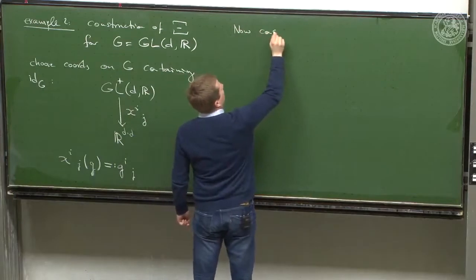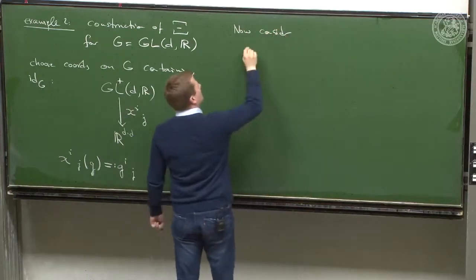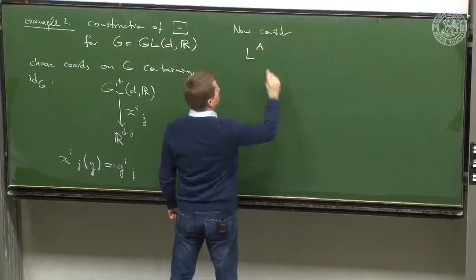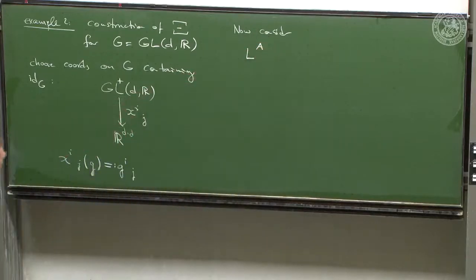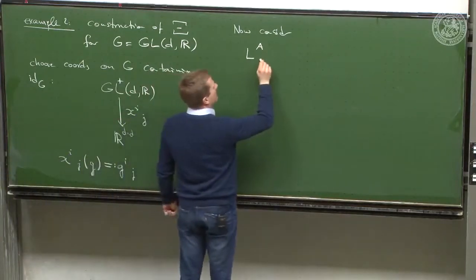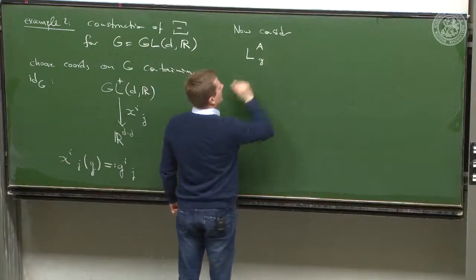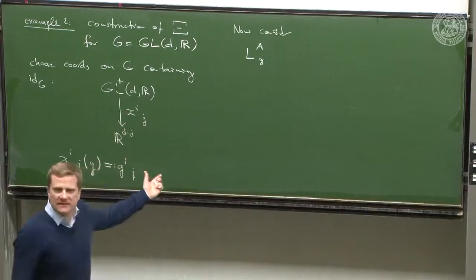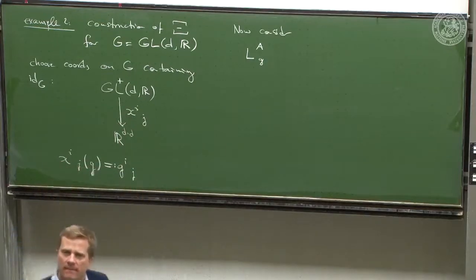So now consider a left invariant vector field, namely the left invariant vector field L_A that is generated by a Lie algebra element A. So this A is from the Lie algebra here. And we look at this at the point g. We know that exists because it's a Lie group.